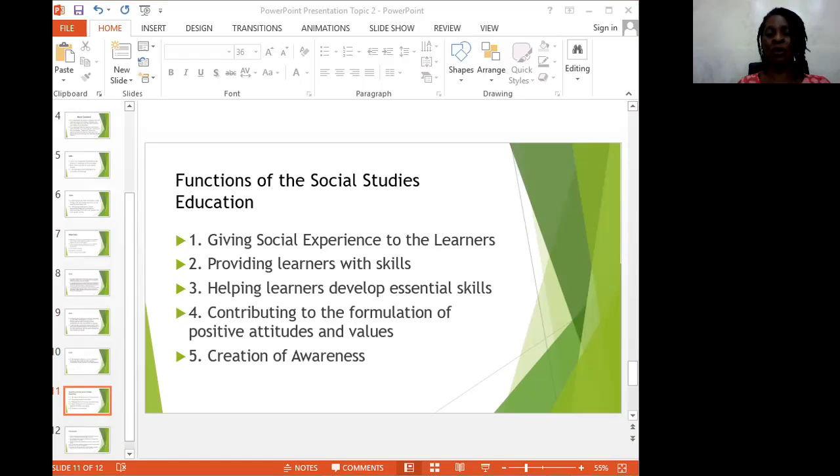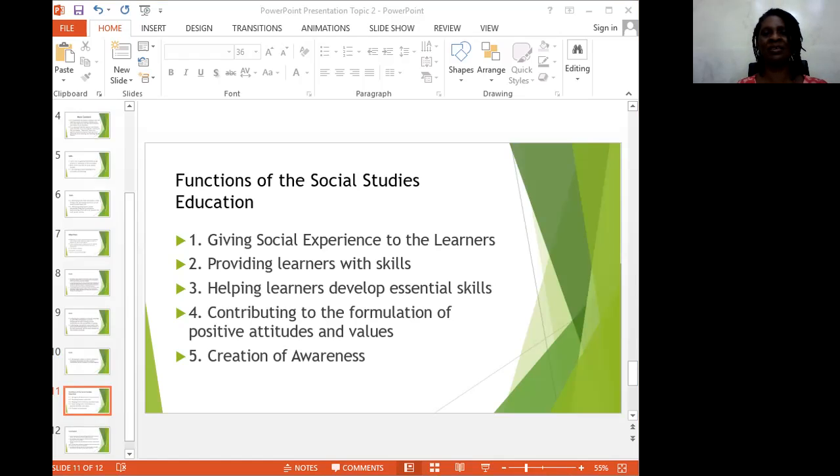Under the aims, we listed 3 important points, and the objectives 5. And we talked about the 3 things that were considered before drawing up the objectives of the social studies curriculum. Now we are going to talk about the functions of social studies education.